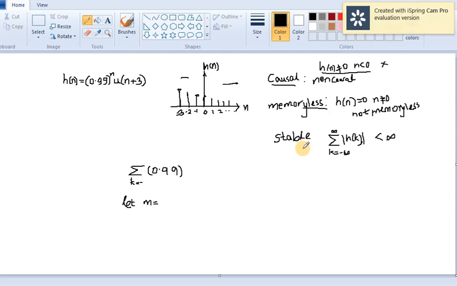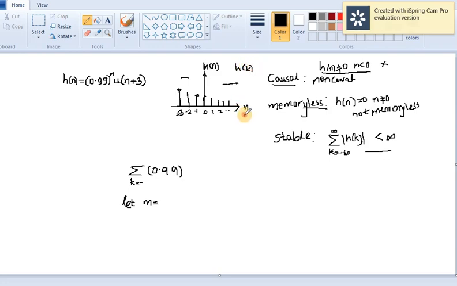Then the next point is checking the stability. The system is said to be stable if this condition is satisfied: summation k from minus infinity to plus infinity of the magnitude of h of k is less than infinity or not. For checking this, let's write the summation for this signal. As we do indexing the same signal, we can refer to it as h of k, and in place of n it would be referred to as k.